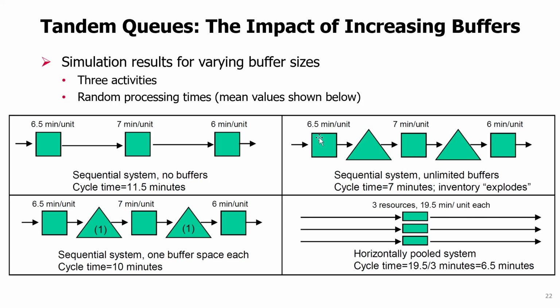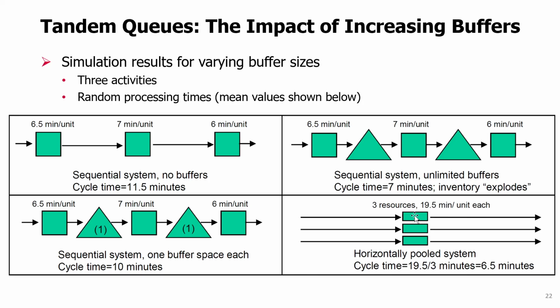And of course, because there is also this imbalance as we saw in the assembly line, let's say we change this organization and had 3 workers, each processing all 3 activities together. Then each of those resources would take 6.5 plus 7 plus 6 minutes on average, right? So that's 19.5 minutes per unit.